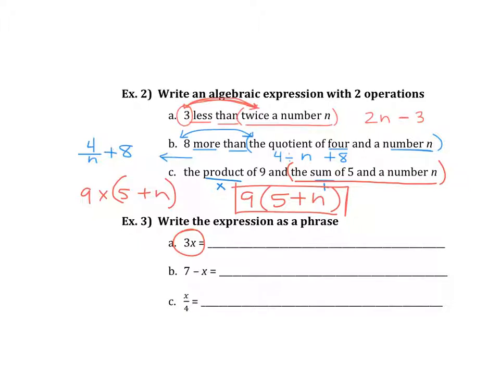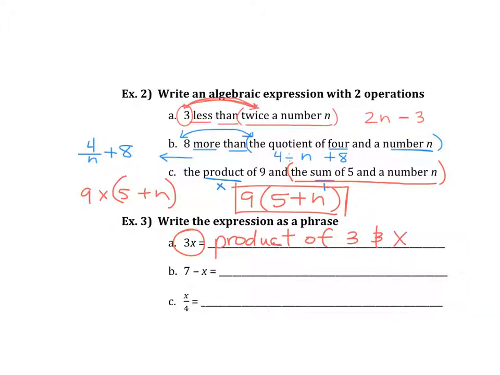What's another way you could say it? 3, what operation? Times, 3 times x, okay? So you may see either one of those, the product of 3 and x, or you can say 3 times x, okay?